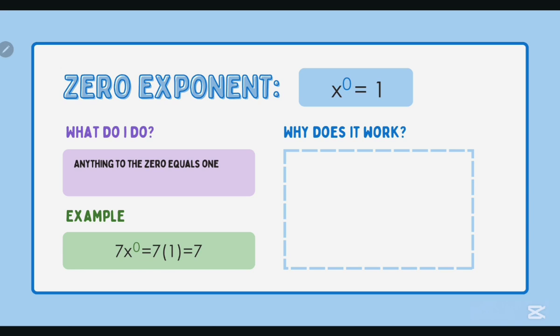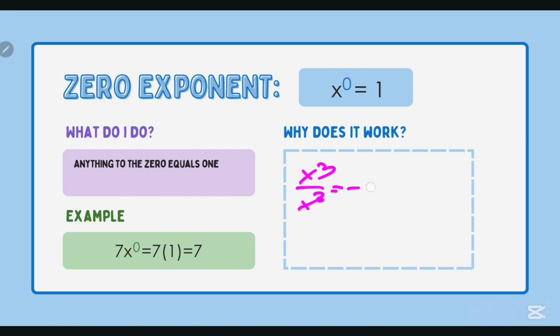Zero exponents, anything to the power of 0 equals 1. We can show that like that, but I want to change the color. X to the power of 3 over x to the power of 3.